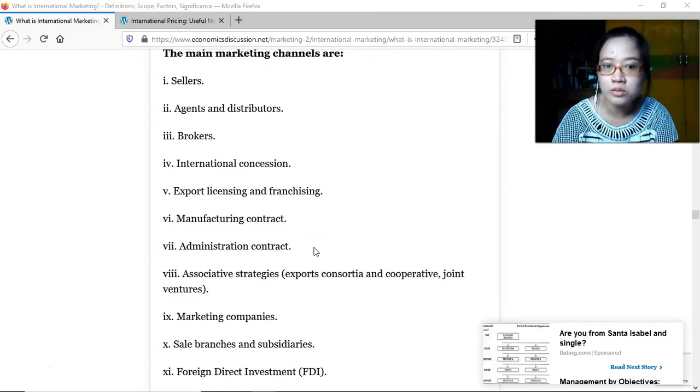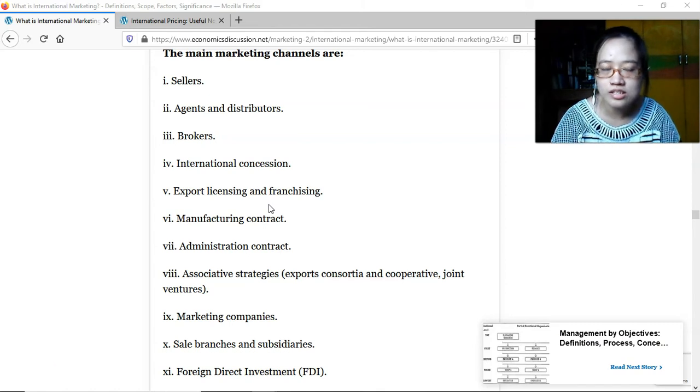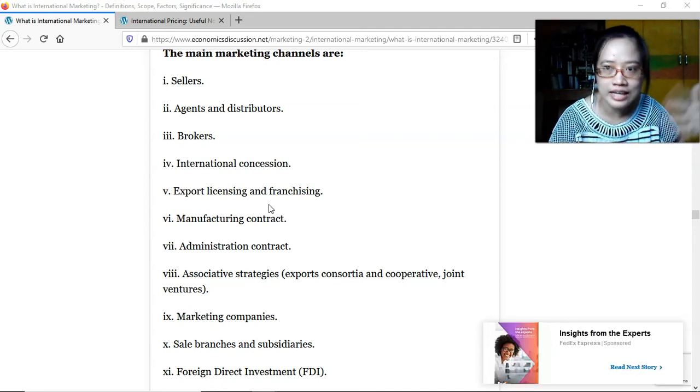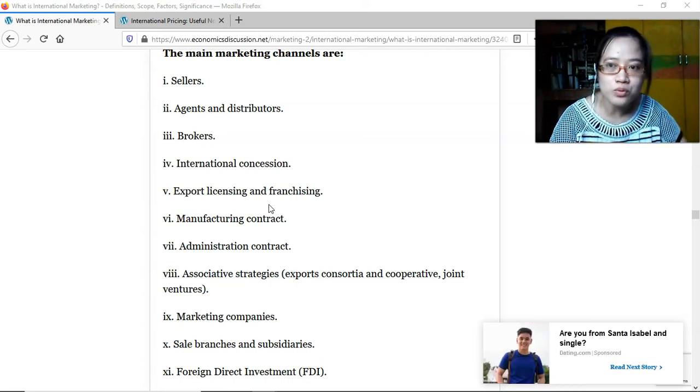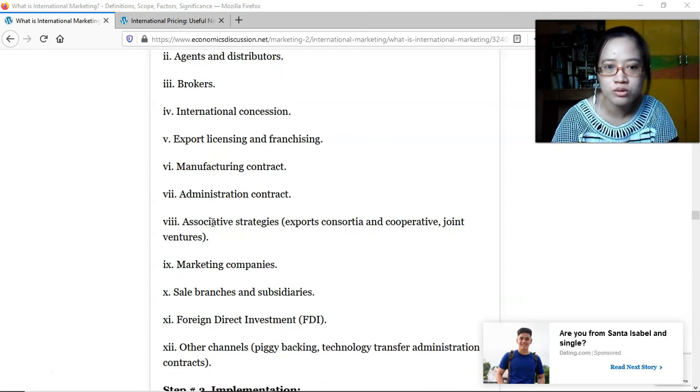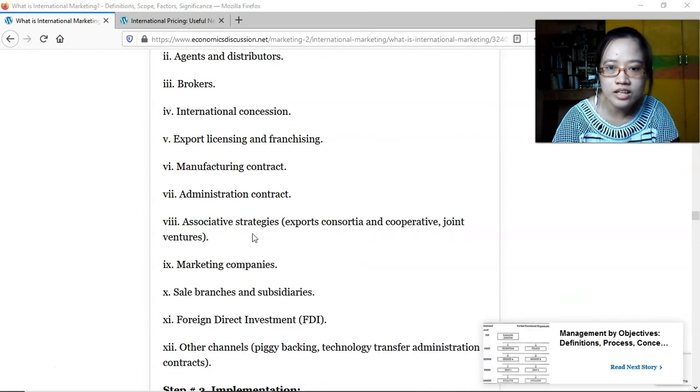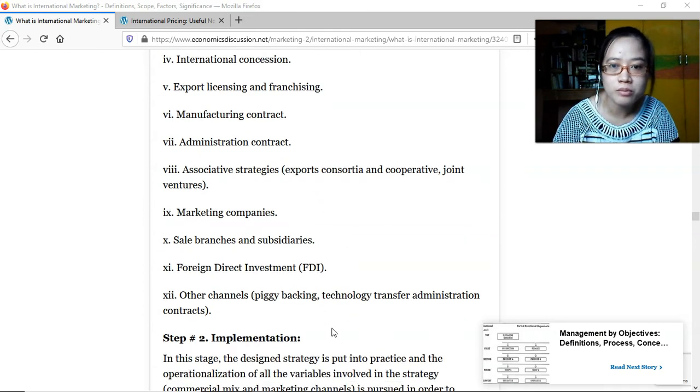You could also get an administrative contract or manufacturing contract, because it is possible that there are already factories set up there and they have the available workers and relationships with suppliers, and it would be easy to simply have a contract with them that they would be producing the product that you have. Of course, also marketing, joint ventures, corporations.